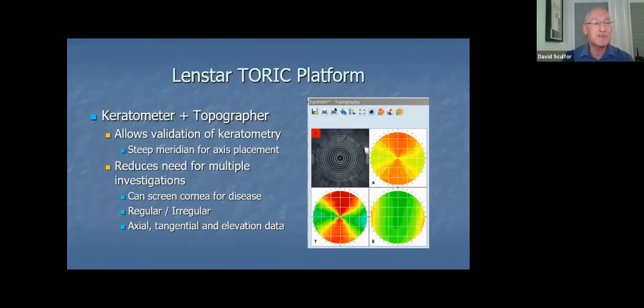But the point is that it reduces the need for multiple investigations, so you can very quickly screen the cornea for disease to say whether the astigmatism is regular or irregular, and you also get the representation of the axial, tangential, also elevation data. Elevation data tells you how the cornea compares with a theoretical spherical cornea.